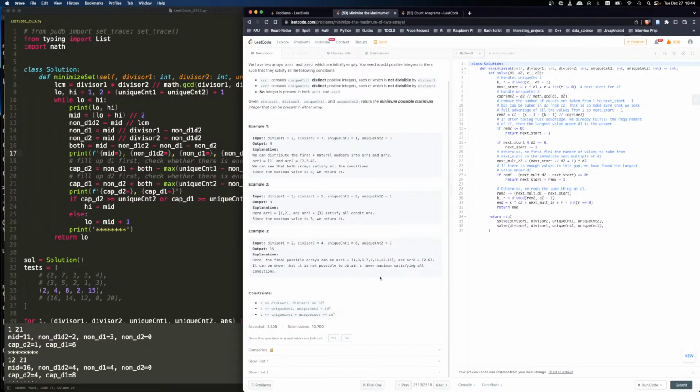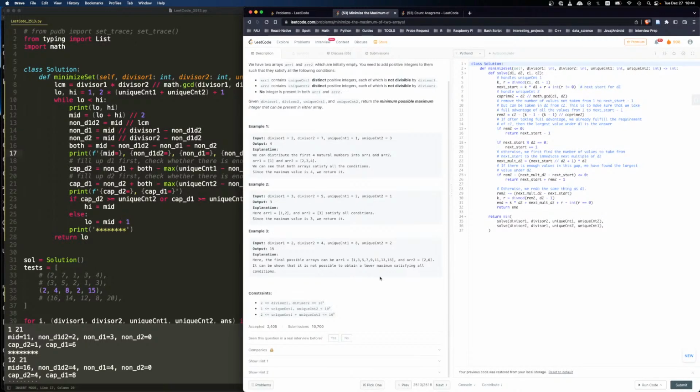That's correct. D1 will be 2, 4, 6, 8, 10. All right. So non D1 is 3. Okay, so we have 3 is non D1, and then a capacity for D1 and a capacity for D2.